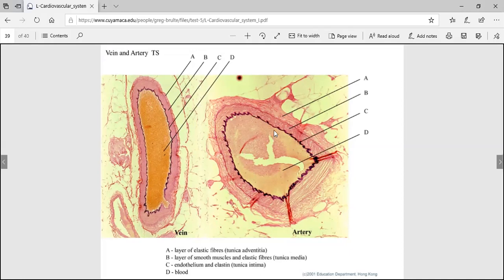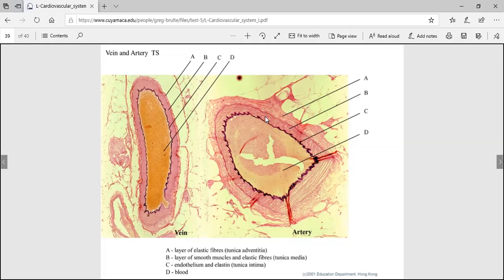The old names: tunica intima, tunica media has always been tunica media, and they call the outer layer tunica adventitia. Don't use that here, but remember that word because we do use it around the esophagus on test 6. There's a tunica adventitia around the esophagus. For us, just go tunica interna, tunica media, tunica externa. So what vessel is this? You go artery.